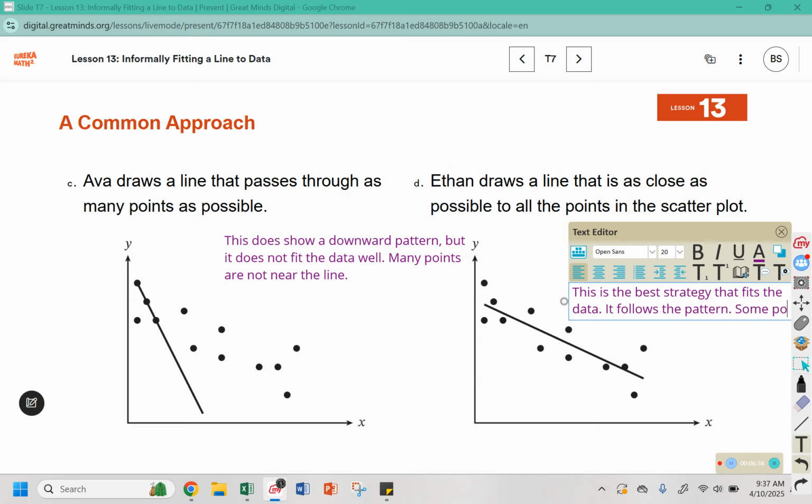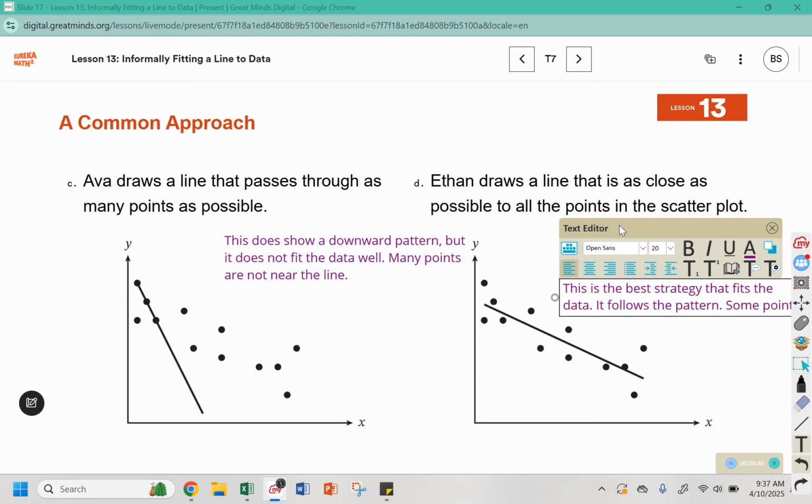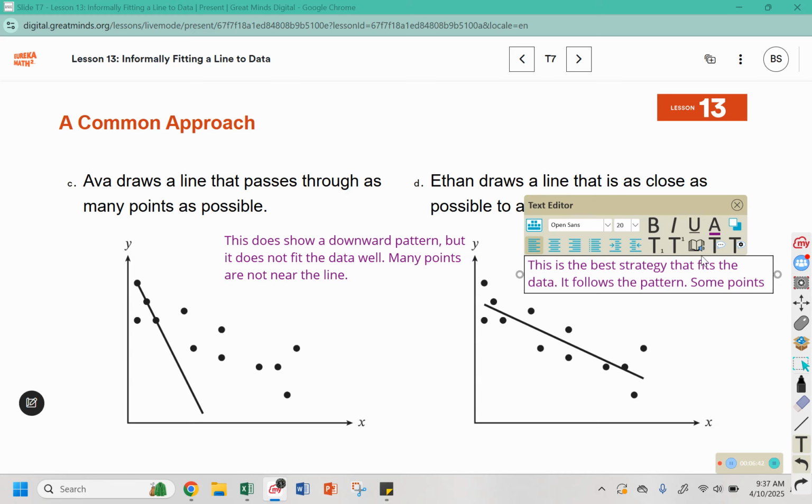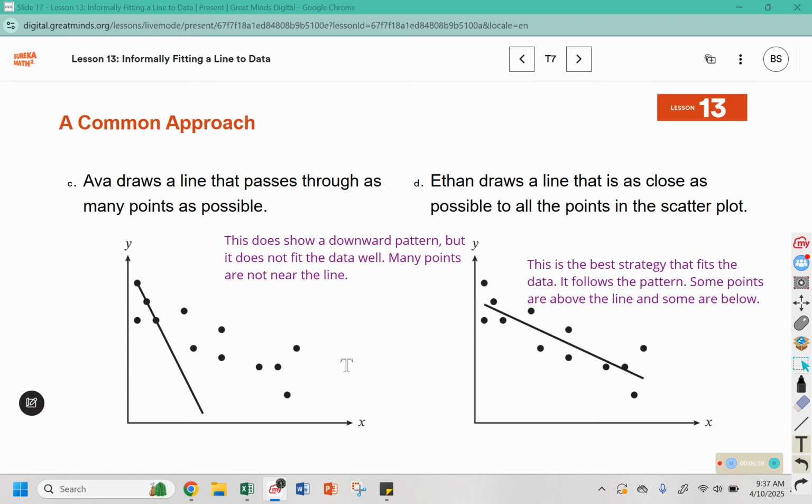Some points are above. But all of the points are as close to the line as possible. Not very far away. They're pretty close to that line.